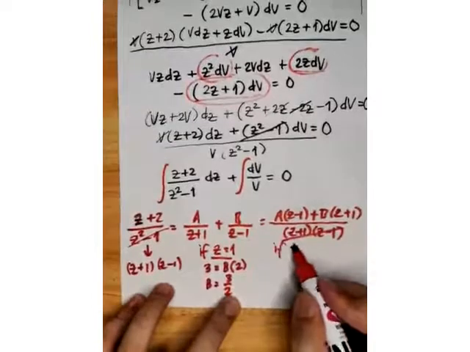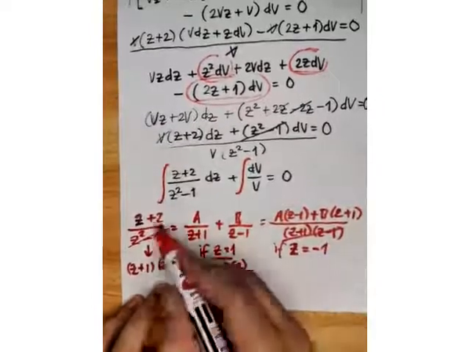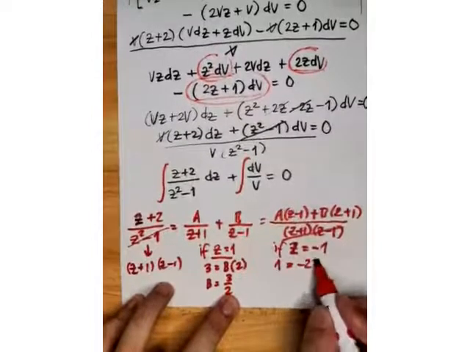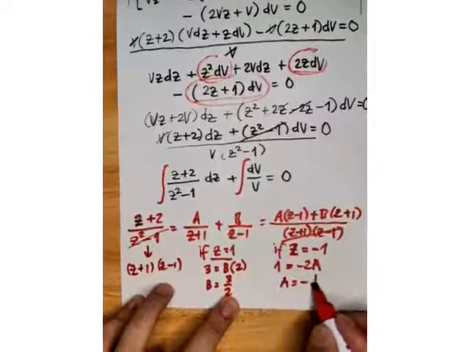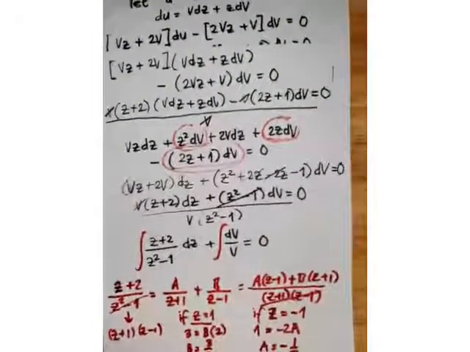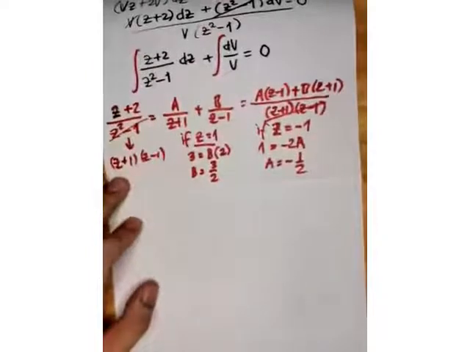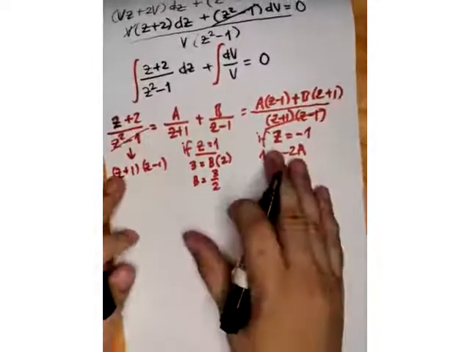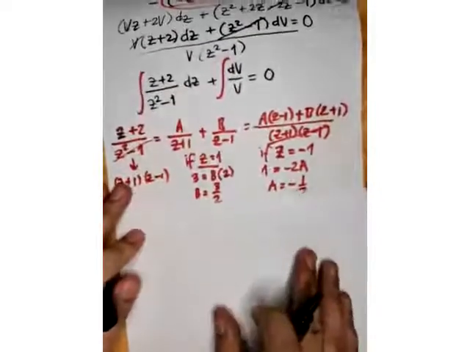Now, if z is equal to negative 1, so this is 1, that's equal to, so negative 2A, this is 0. So A is equal to negative 1 half. Okay. So therefore, if I will substitute this, gawin na natin siyang integration dito.